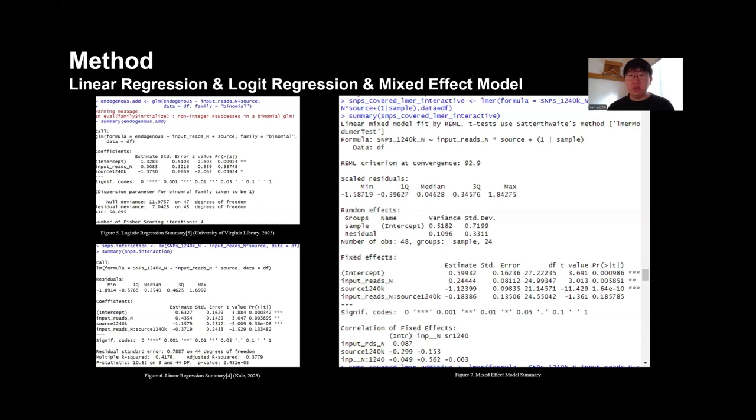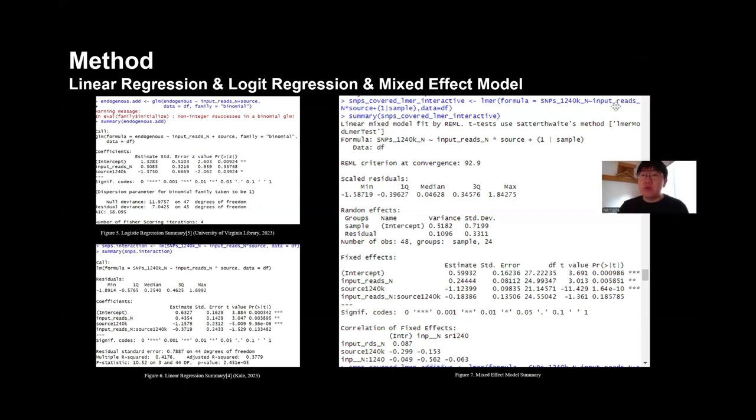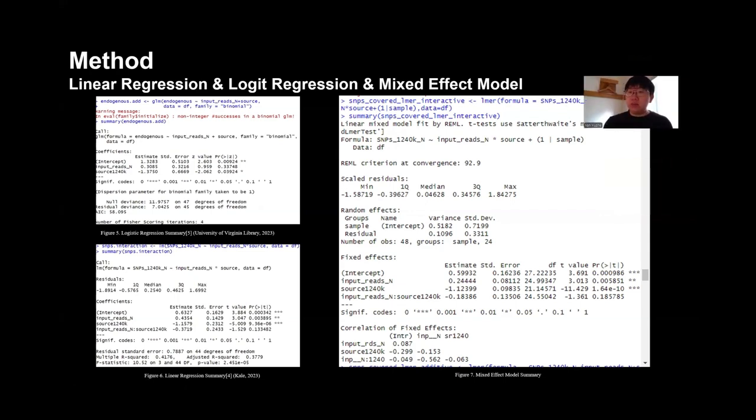It's a mixed effect model. I set S&P 1240K and input rate as fixed terms. This is actually as expected because all the p-values are significant. That means I successfully made this mixed effect model and gathered the relationships.